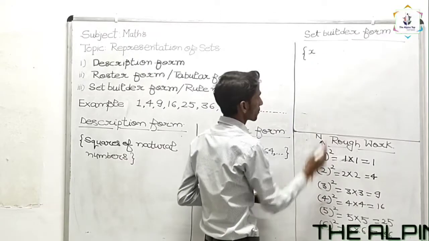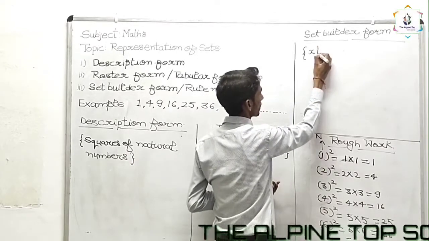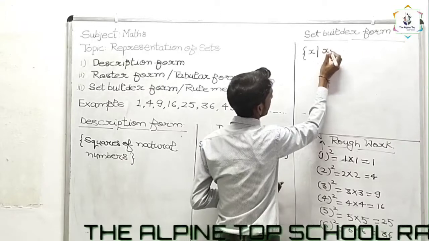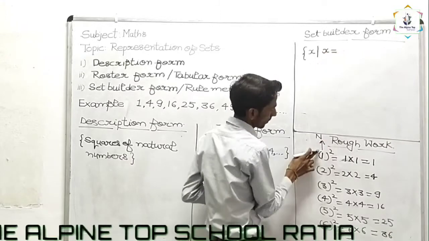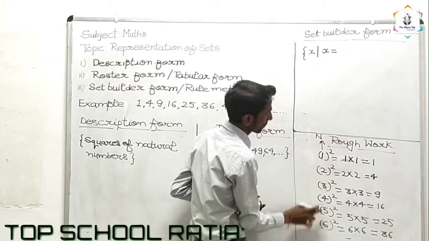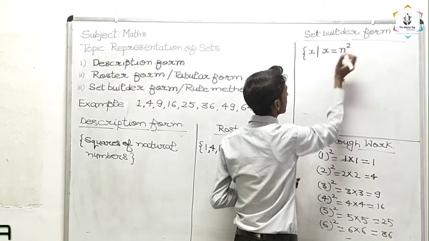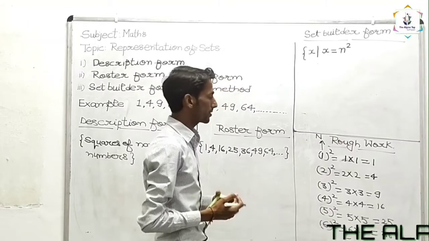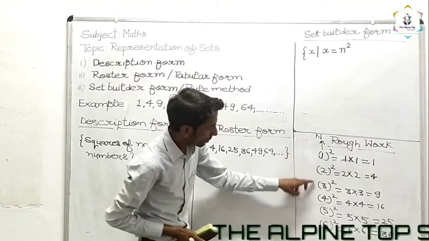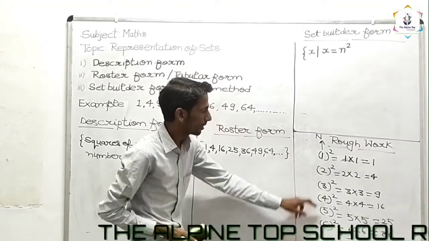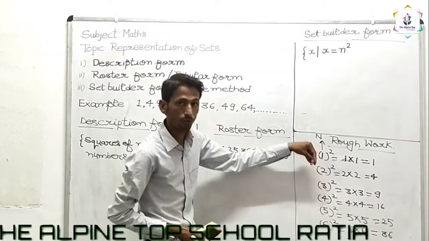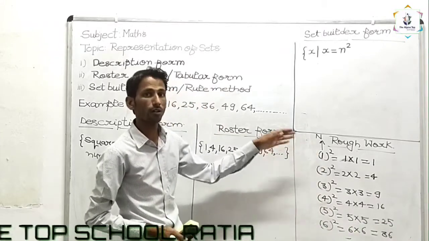Each element I am going to represent by x such that x equal to, because I am getting the squares of natural numbers, I am writing x is equal to n square. Now when I observe the pattern in the rough form, here I am getting the squares of natural numbers, not whole numbers.